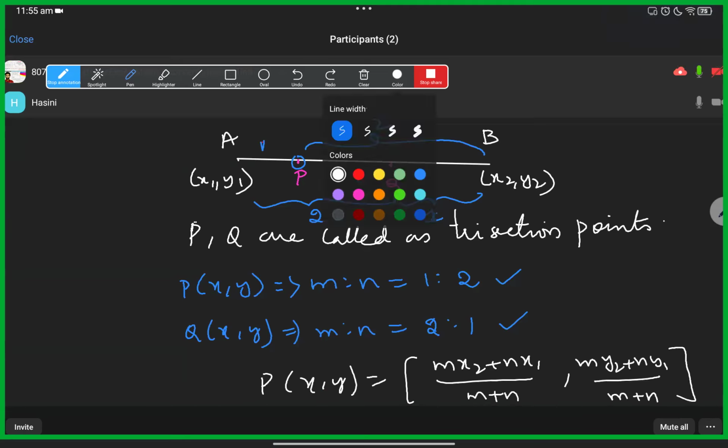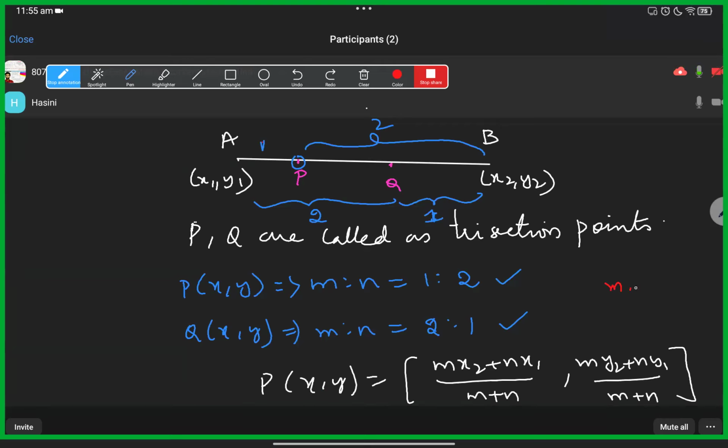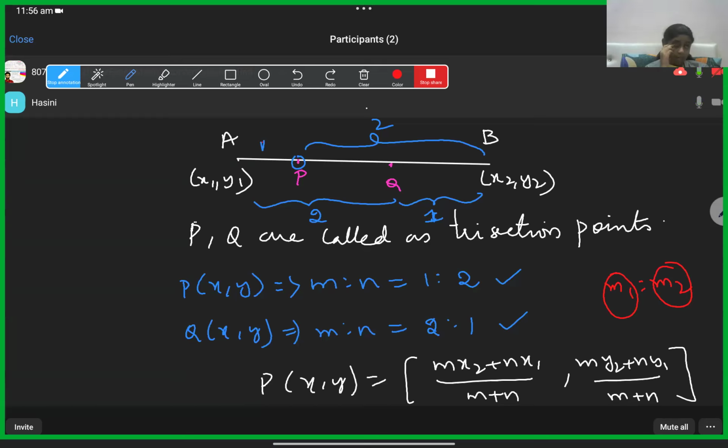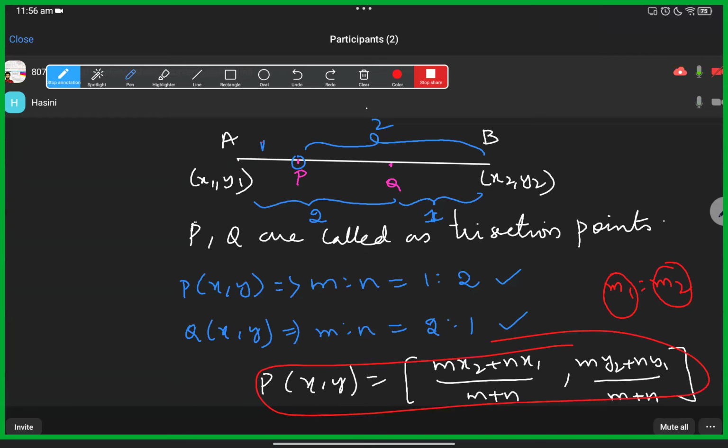Different teachers will use different ways. Few teachers, instead of using m and n, take m1 is to m2 like that, with m1 + m2 in the denominator. But I feel this is easy. In the textbook also, if this is given, you need not get confused. This is better, easy to remember.